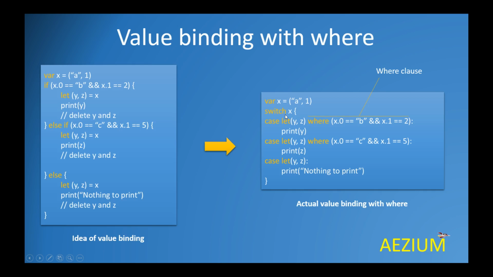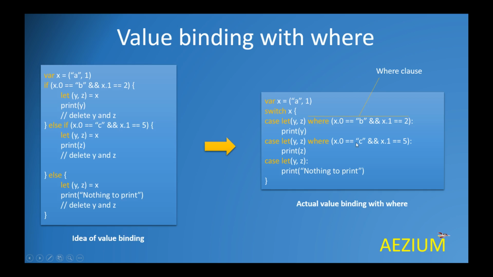We have a switch statement where x is the switch parameter. Instead of declaring our constants y and z within the body of an if statement, we bring that out and put it in front of a case like so, followed by the keyword where, and the condition of our where clause is put after the keyword where, followed by a colon.